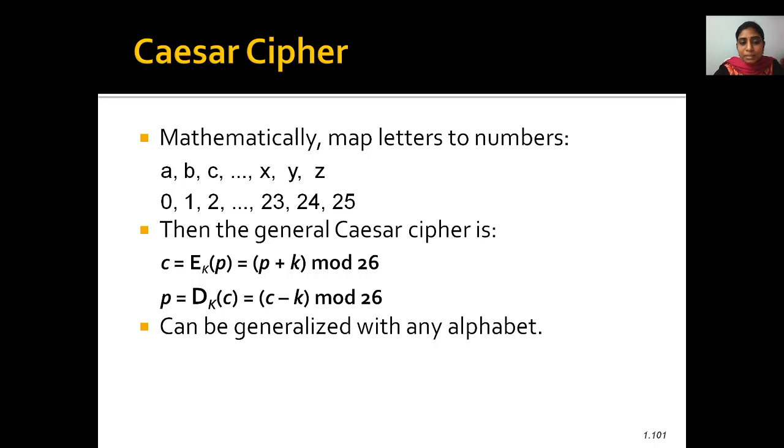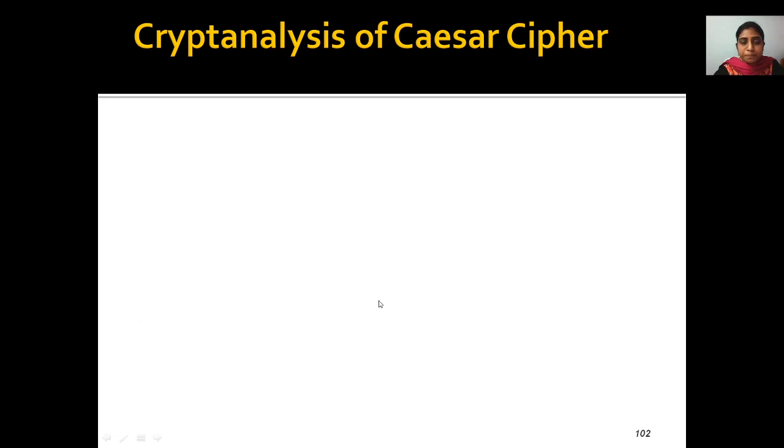So 0 plus 3 mod 26 becomes 3, which is nothing but D. So A is replaced with D. Similarly, we can get the plain text by using the formula C minus K mod 26. This is the generalized manner of representing the Caesar cipher.